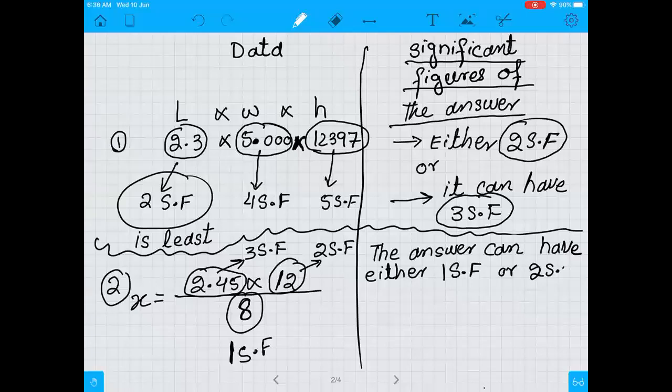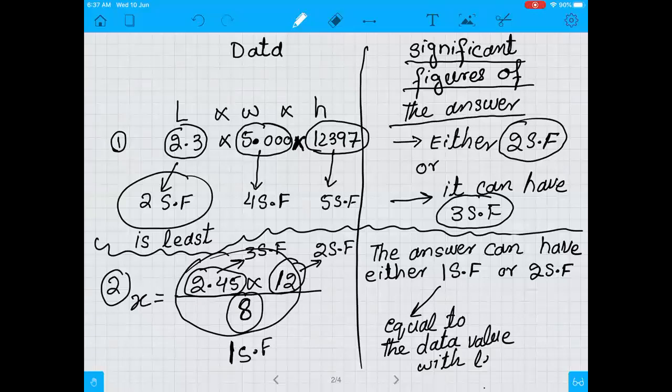So in case of multiplication, power, and division, either you follow the least significant data or you write one significant figure more than the least significant data. Here, if you write one significant figure, then it is equal to the data value with least significant figures, and that is 8.